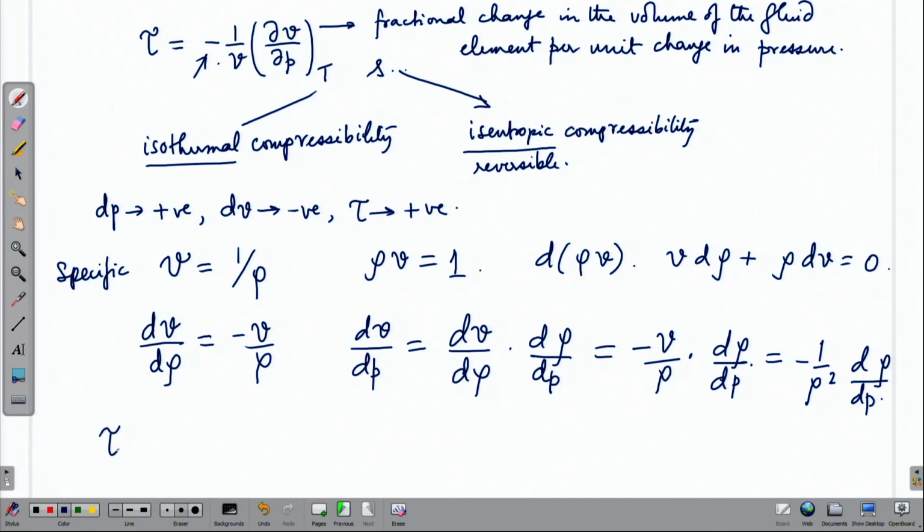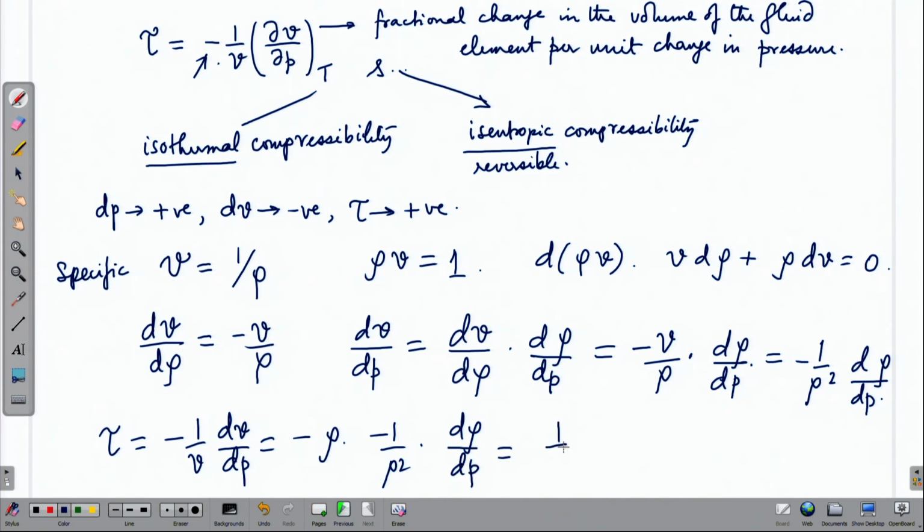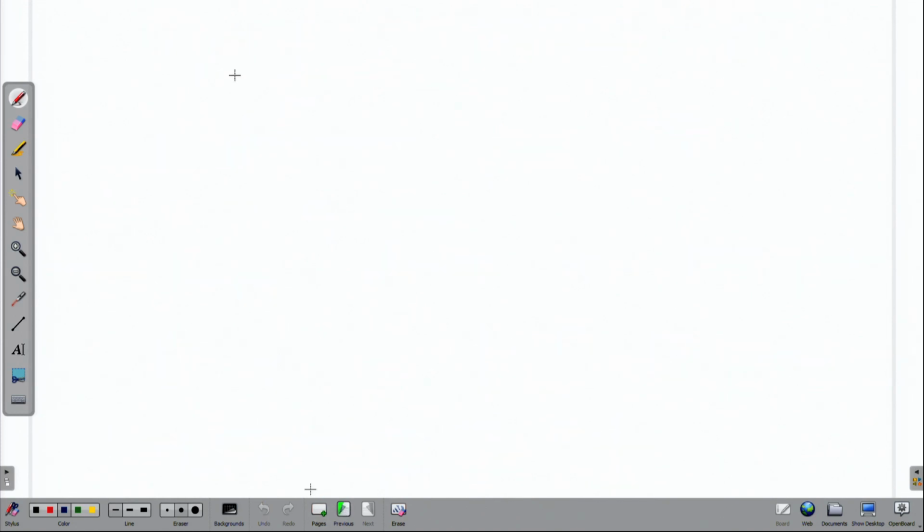Now, going back to the definition of tau, which will come out to be 1 by rho d rho/dP, that is what it will work out to be.